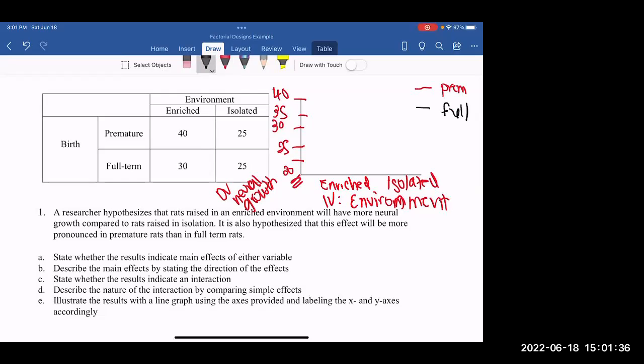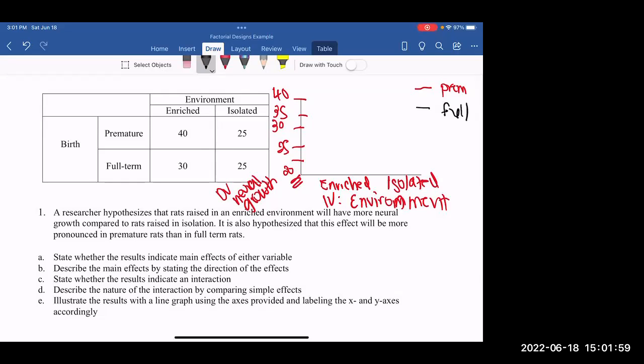Okay, so now all we have to do is plot our cell means. Okay, so for enriched, we'll start with premature, right?